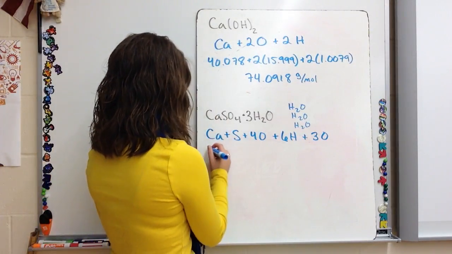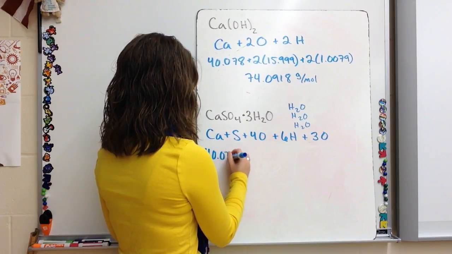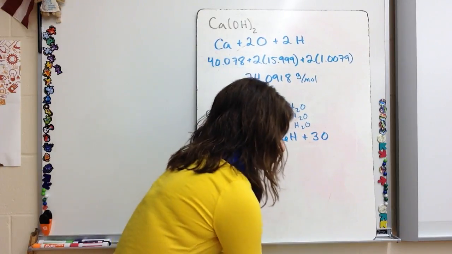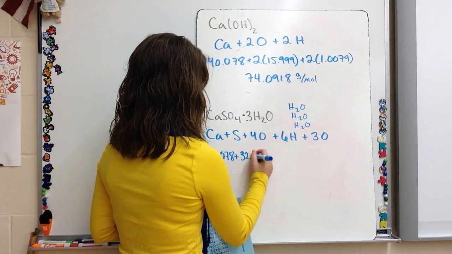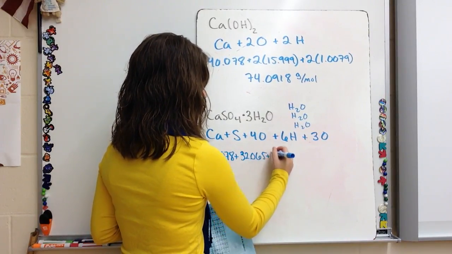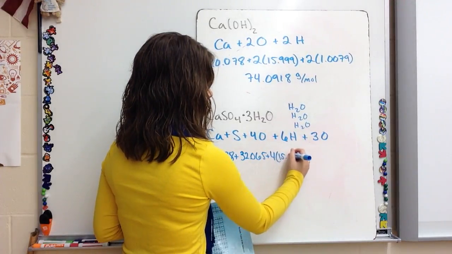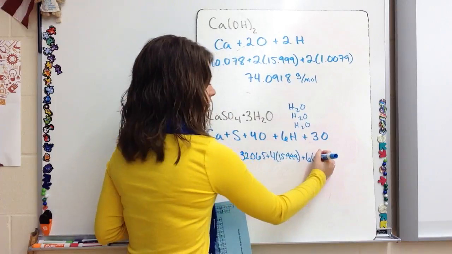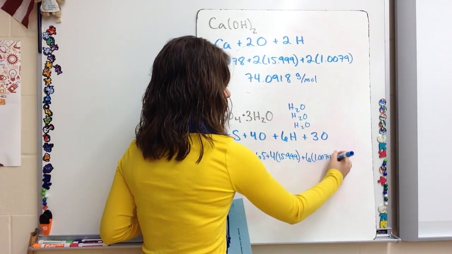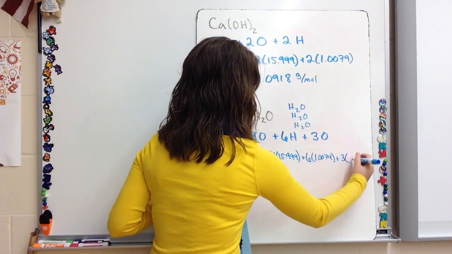So calcium is 40.078. Sulfur is 32.065. We have 4 oxygens. We have 6 hydrogens. And then we have 3 more oxygens.